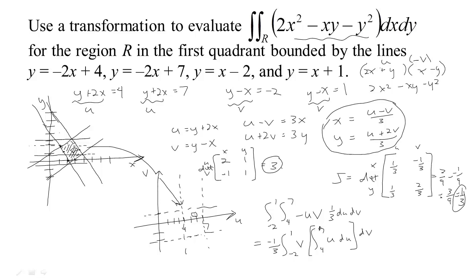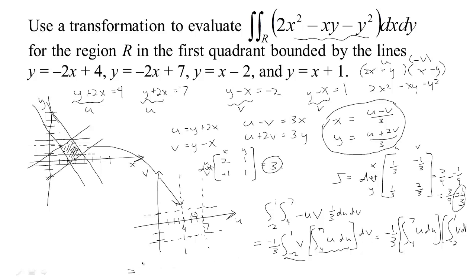But if you look at this, the integral from 4 to 7 of u du, you're going to take an antiderivative of u and evaluate at these two constants. That cannot depend on v, so this is going to be constant as far as v is concerned, so it can come out in front. So we get negative 1/3 times the integral from 4 to 7 of u du times the integral from negative 2 to 1 of v dv.